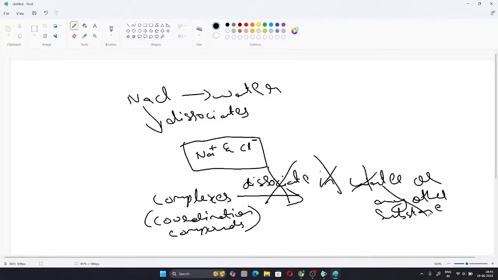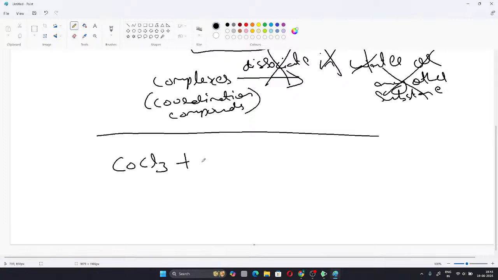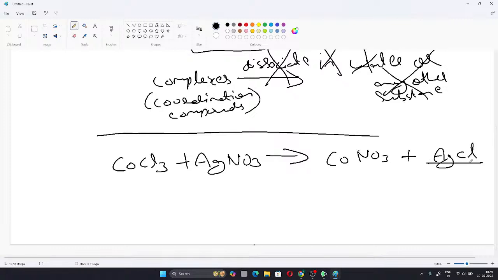That is why, when we saw the displacement reaction when we took CoCl3, normally if we did not take NH3, it would have been completely displaced with CoNO3, I believe. I don't know the reaction. AgCl would have been completely precipitated.